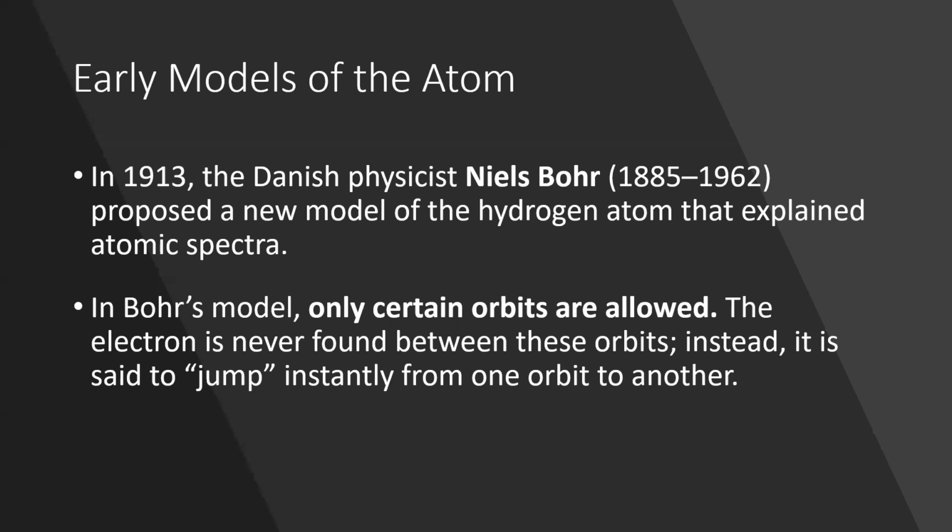So the idea here is that electrons have certain areas where they are predicted to occupy. And in order for them to move from a different zone or area, or we can call it an orbit if we like, they have to have some kind of energy given or taken away.